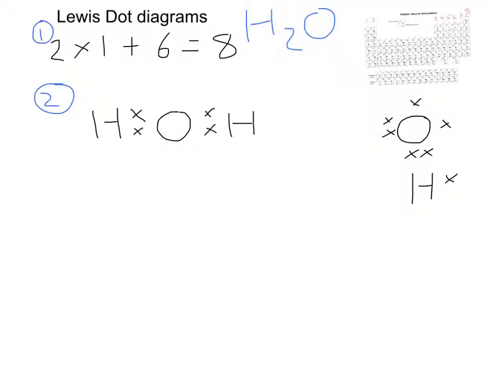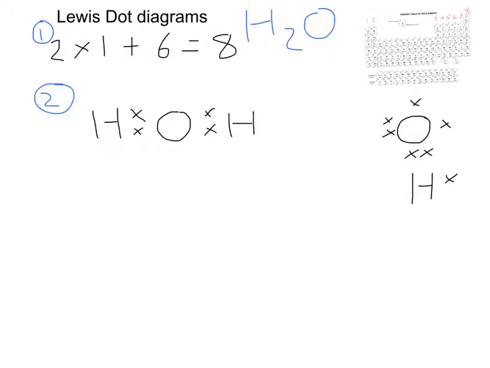Now the hydrogen has around it 2 electrons, so it has a full shell, remembering that the first shell of electrons has 2 electrons. So that's satisfied, it has its correct number. I've used 4 of my valence electrons, I have 4 left.